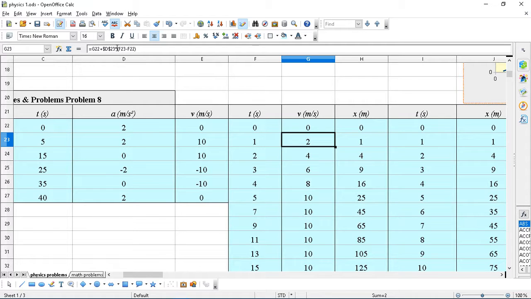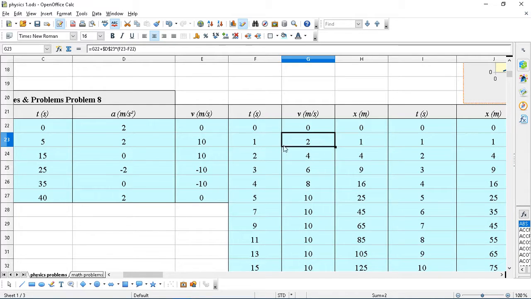For that to be so, that is the reason why these dollar signs are included. If these dollar signs had not been included, then this cell reference would change.